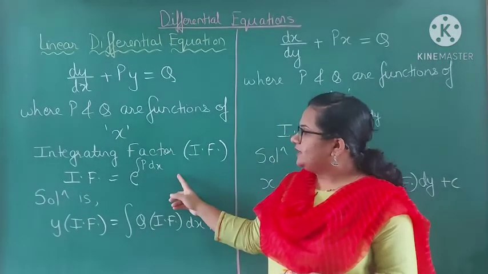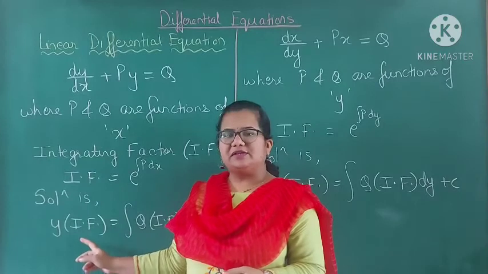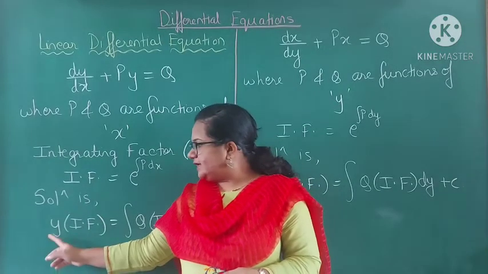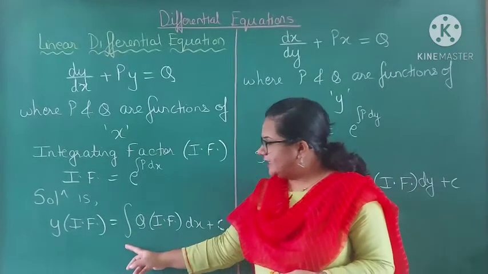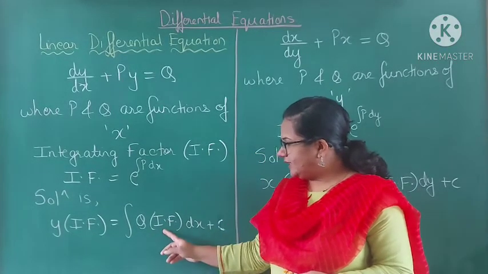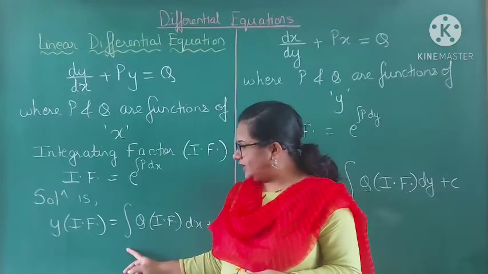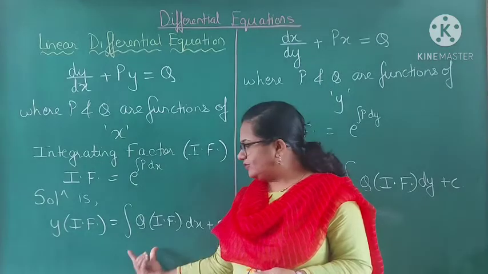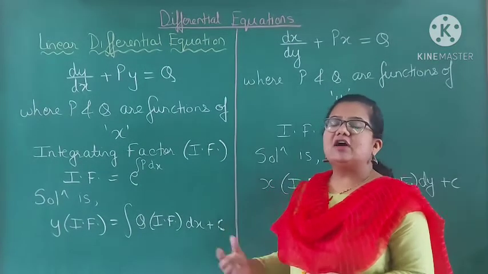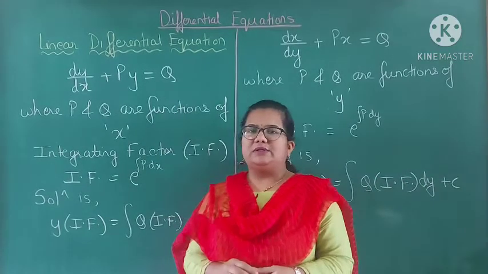After finding this integrating factor, you have to write the solution of the given differential equation. It is y into integrating factor is equal to integration of q into integrating factor dx plus c. C is the constant of integration. After the product, you integrate the function, and finally you will get the general solution of the given linear differential equation.